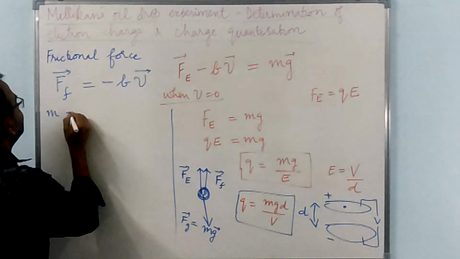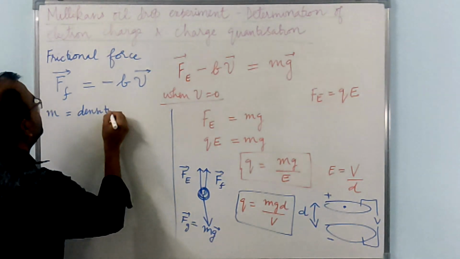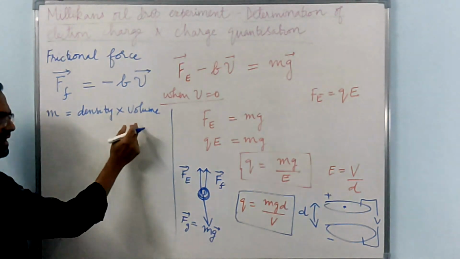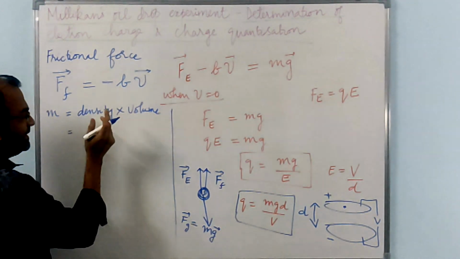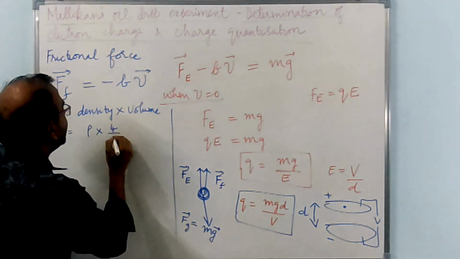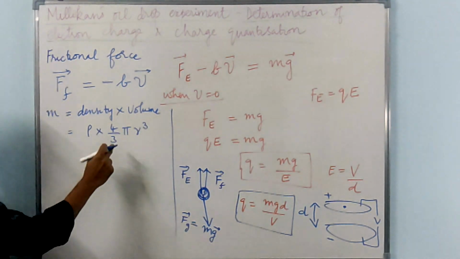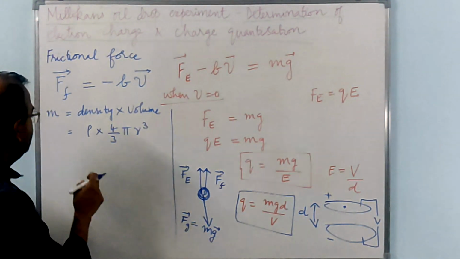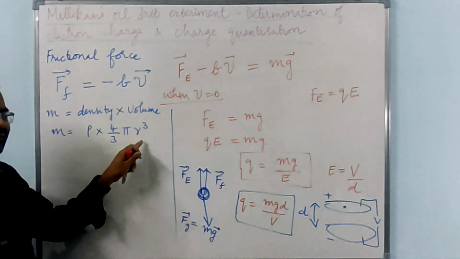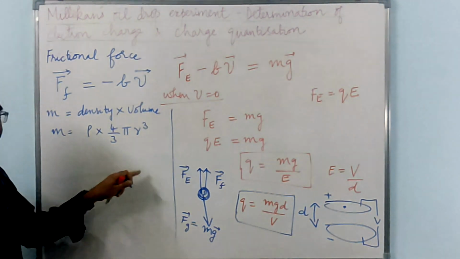Now mass is equal to density times volume. So if it is a spherical drop and the density of the oil is rho, that is rho times 4 by 3 pi r cubed. This is the volume of the spherical oil drop, and rho is its density, so we can compute the mass. Now in order to find r, the radius of the oil drop, we have to use Stokes' law.